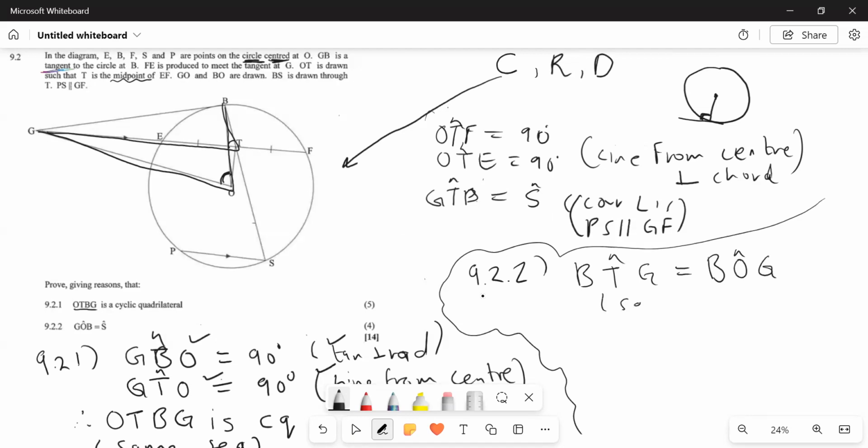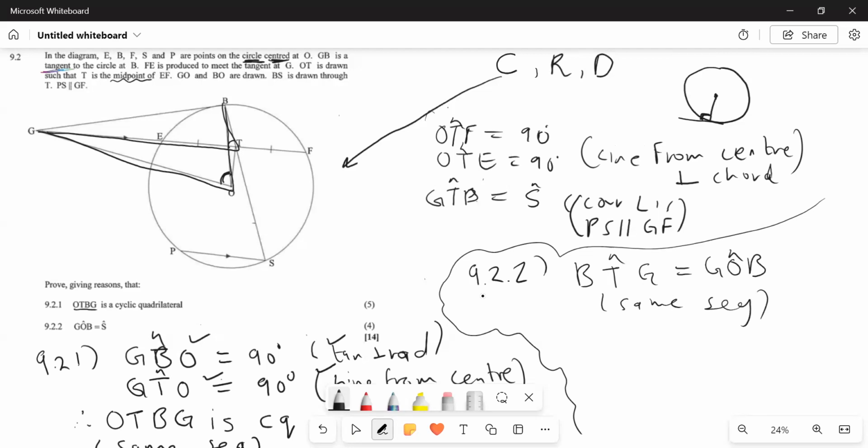The reason: same segment, right? Remember, you must prove that GOB is equal to S. Actually, let me just use GOB just to follow the question. I don't want to confuse you guys.